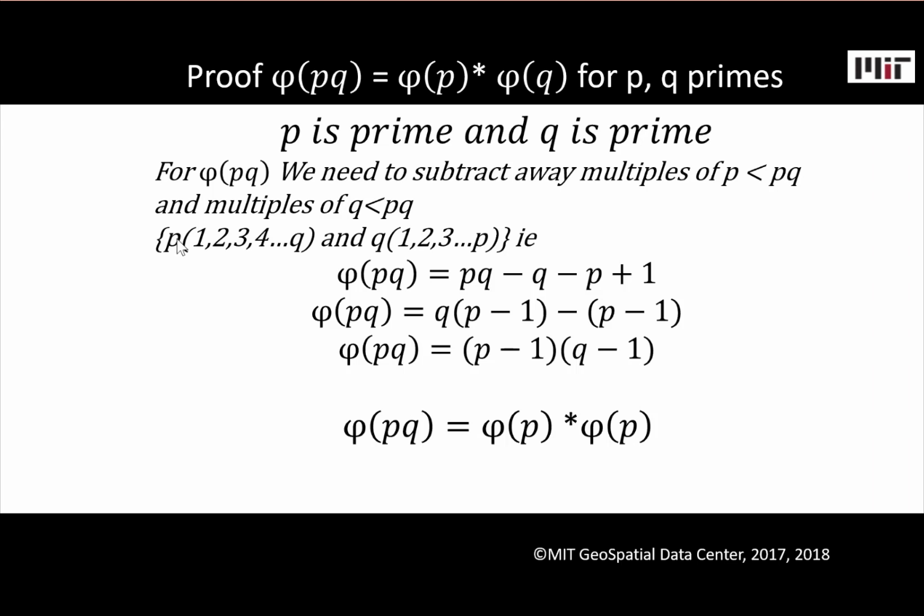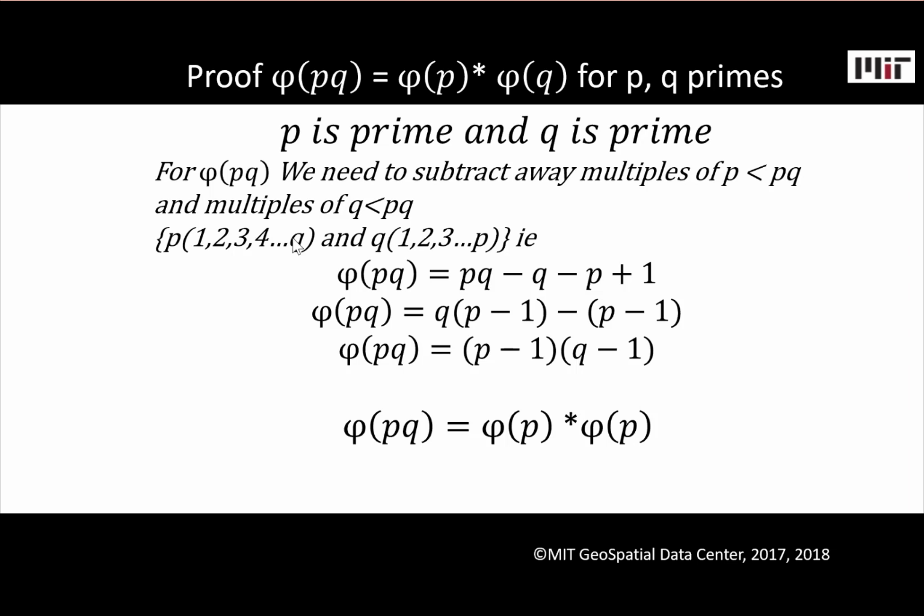Now the problem is that we've got multiples of P definitely in there, because we're going to have P times 1, P times 2, P times 3, up to Q times P. All those we've got to eliminate. Similarly, Q times 1, 2, up to P will divide into PQ. So we've got to subtract those.